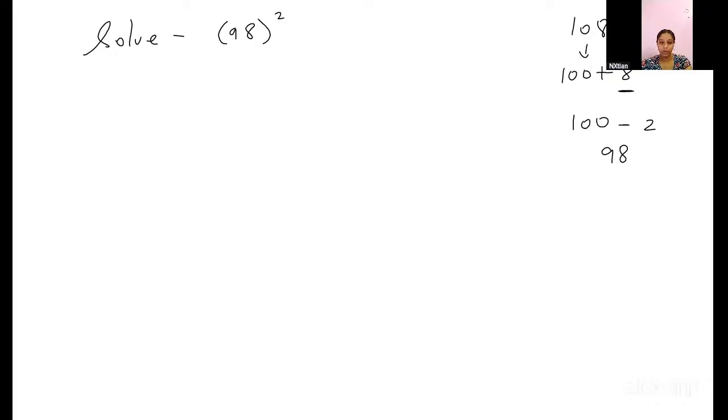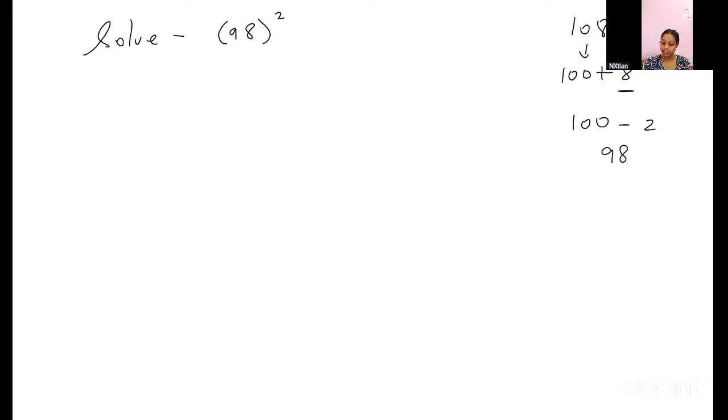Okay, why 9604? Let's see. Now, 98 is less than the base 100. How much less than the base 100? 2 less than the base 100. So how do we write it in step 2?